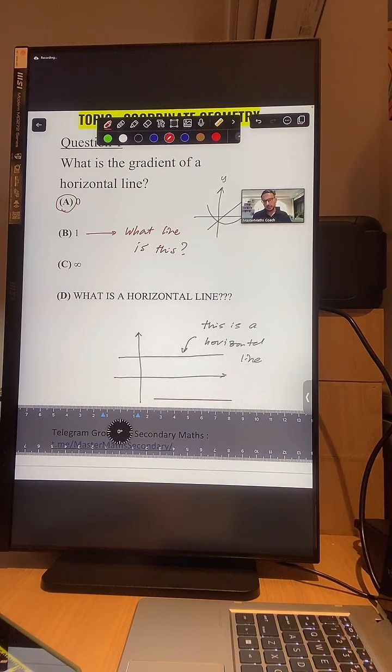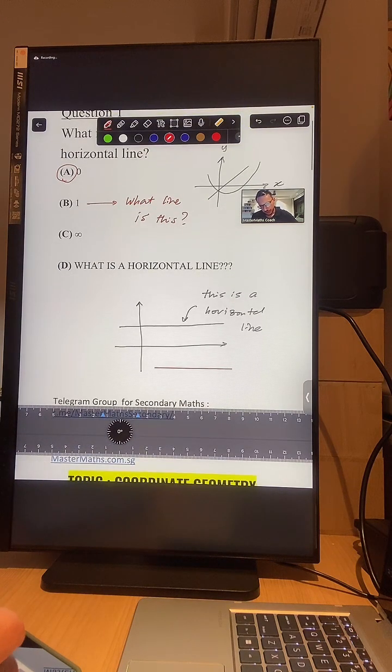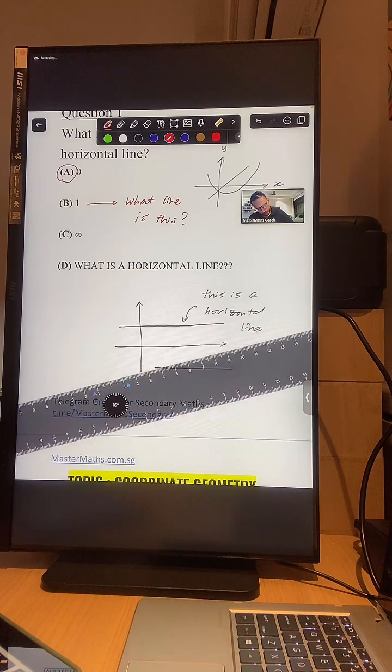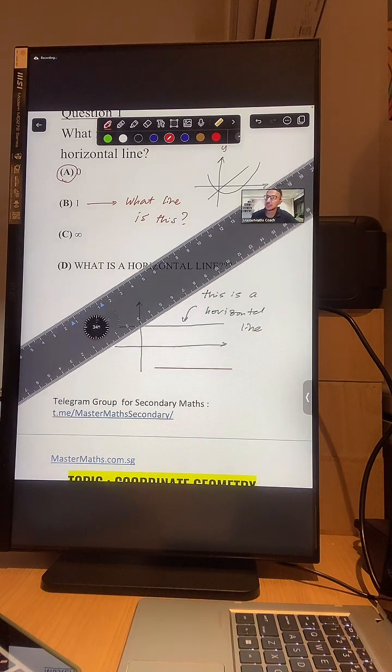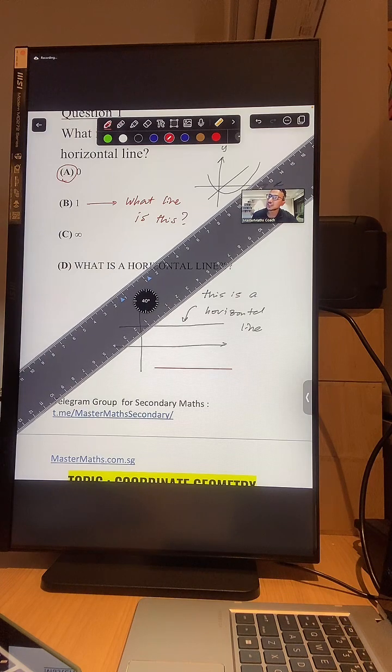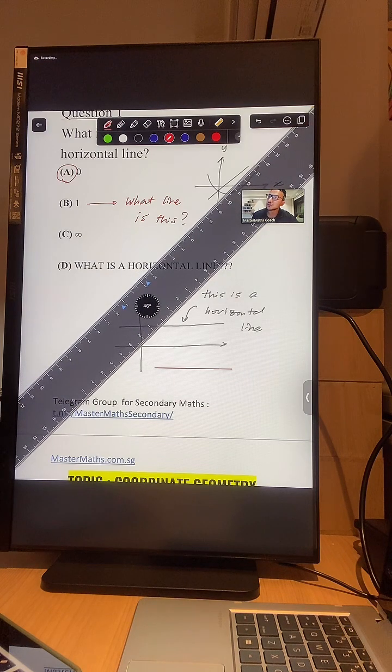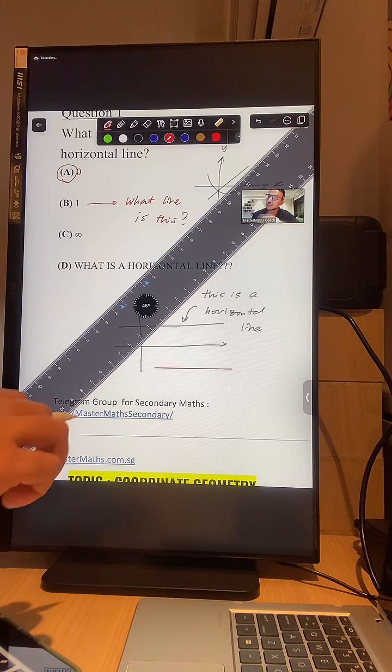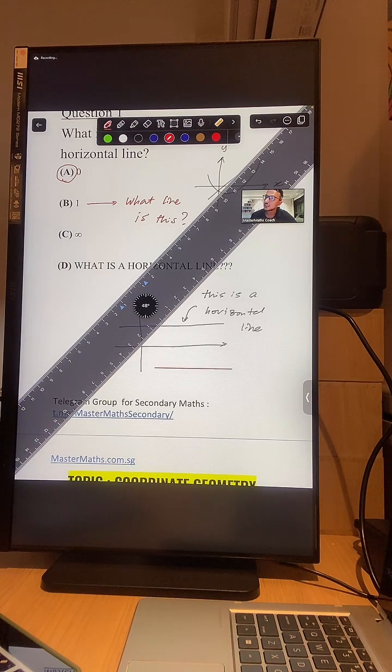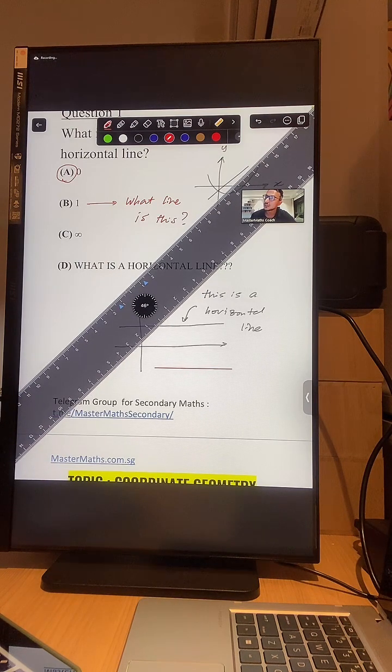Okay, if you have a line that has a gradient of 1, the line is going to look something like this. You see my ruler, I'm setting it to 45 degrees. Can you all see the 45 degrees there? There we go.